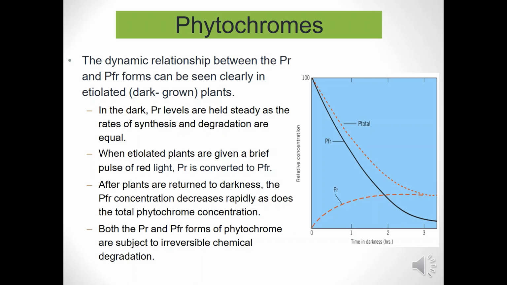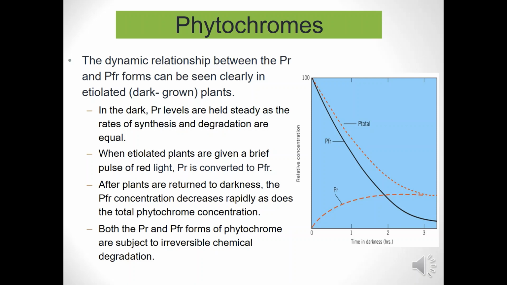In the dark, PR level will increase as time in the darkness increases, because the concentration is regarding the rate of synthesis and also degradation. They are equal, so it will increase as time increases.